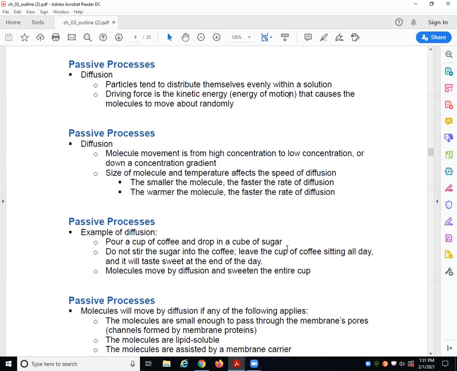Which one would you be able to throw further, a baseball or a bowling ball? The baseball, right? It's going to be easier. And if you had to hold a ball and move with it, which one are you going to move faster with, the light ball or the big heavy bowling ball? The light one, right? Also, the warmer the molecule, the faster your diffusion is going to happen.